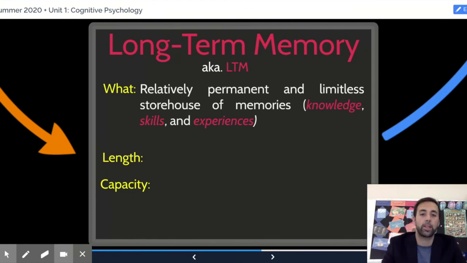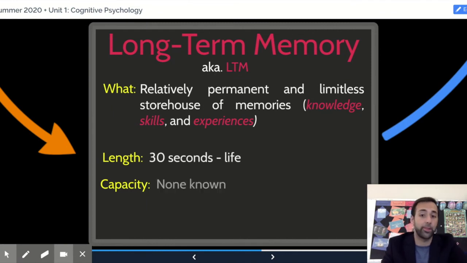Long-term memory is sometimes abbreviated LTM. Long-term memory is basically everything else. So if it wasn't the last 20 to 30 seconds, it's classified as long-term memory. So that means all of the factual information you've ever learned, all of your life experiences, your motor movements, so how to ride a bike, how to throw a baseball, how to drive, all of that information is classified under long-term memory. We're going to talk more about the specific types of long-term memory in the following goal.